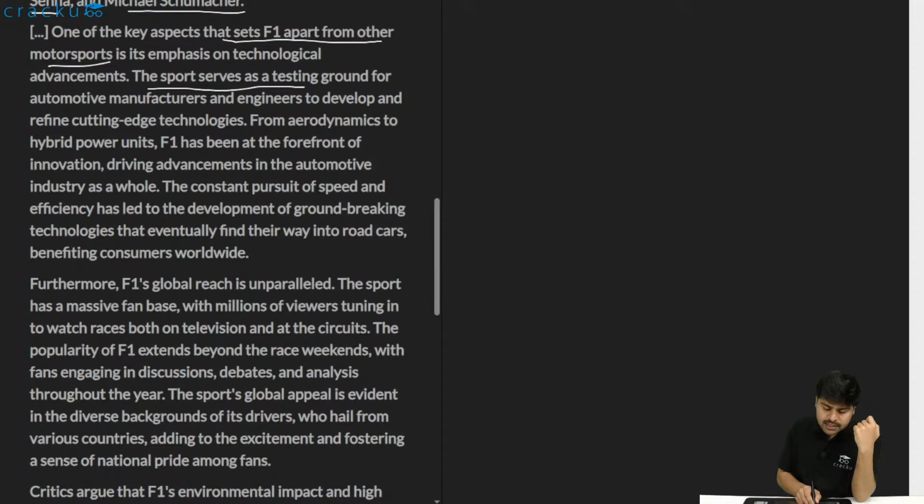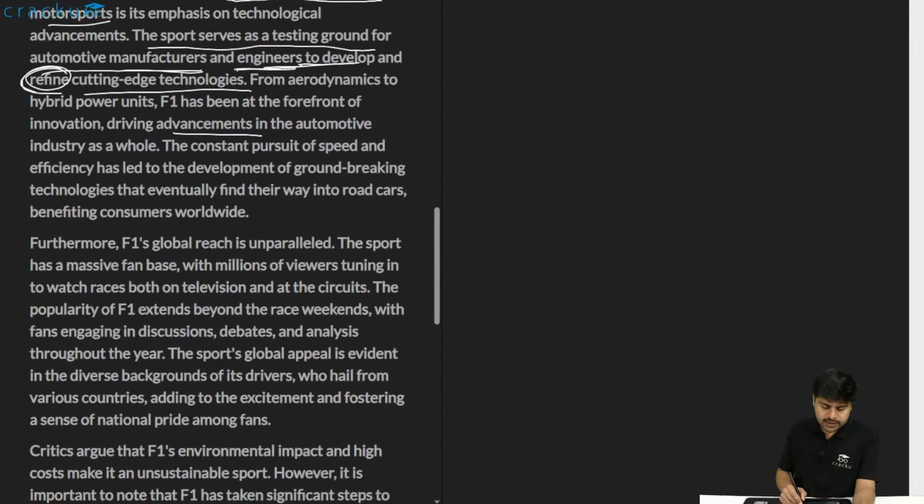The sport serves as a testing ground for automotive manufacturers and engineers to develop and refine, refine is the key word, cutting edge technologies. So F1 focuses on refining these highly advanced technologies and getting engineers and manufacturers to develop them. From aerodynamics to hybrid power units, F1 has been at the forefront of innovation, driving advancements in the automotive industry as a whole.